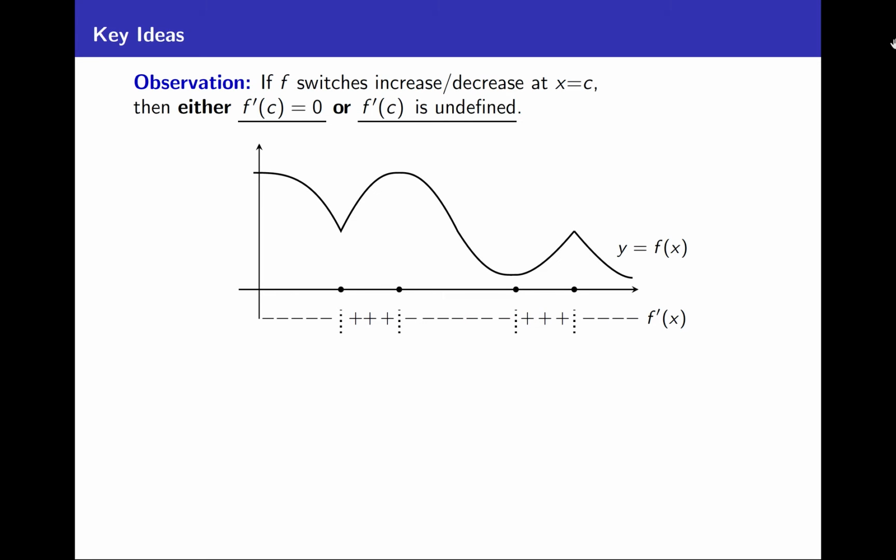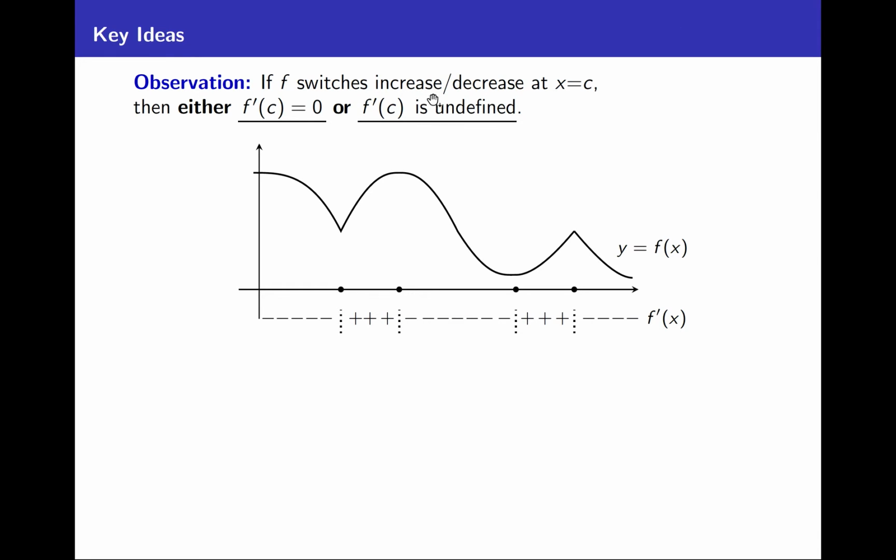In our previous two examples, we saw that where a function changes from increasing to decreasing, or from decreasing to increasing, either the derivative is equal to 0 or it's undefined. And that's true in general.